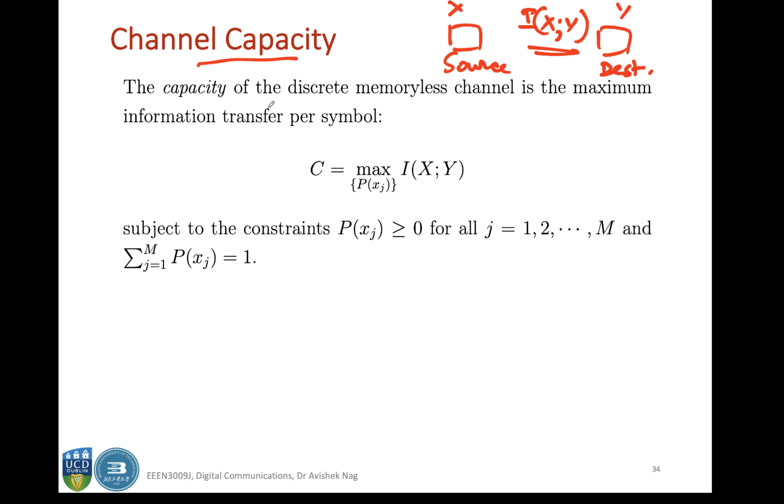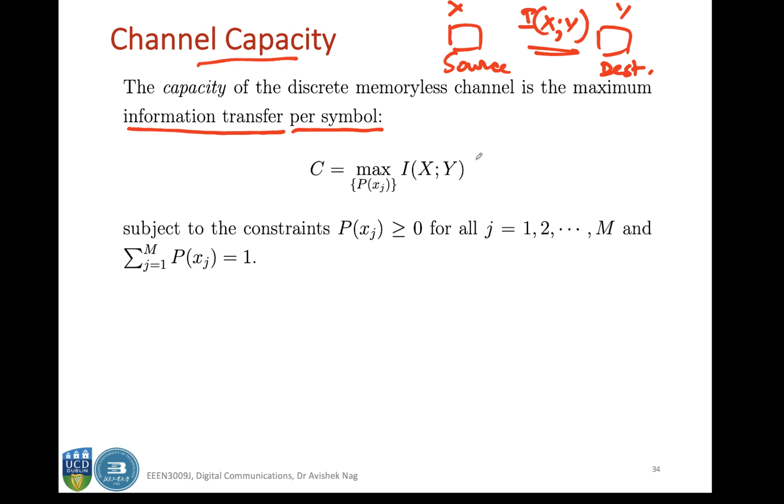That channel capacity can also be defined in terms of the mutual information. Let's look into the definition of the capacity for a discrete memoryless channel.